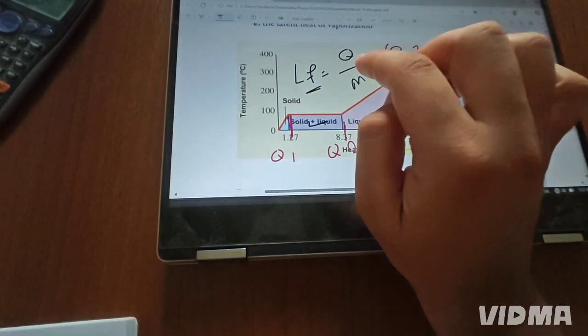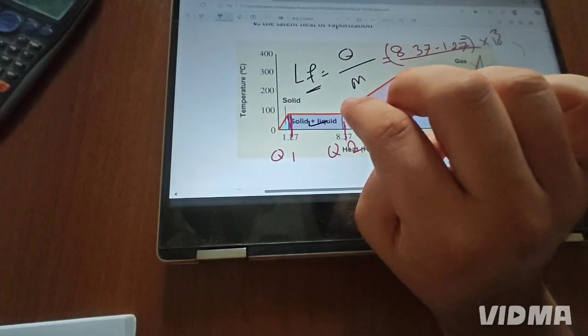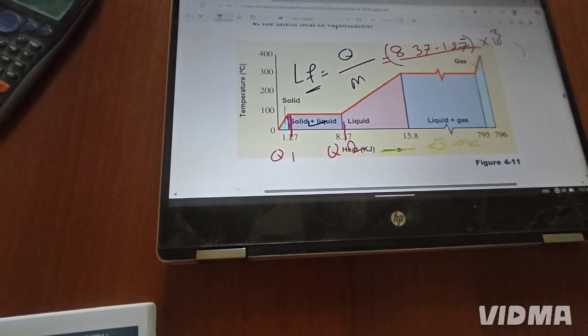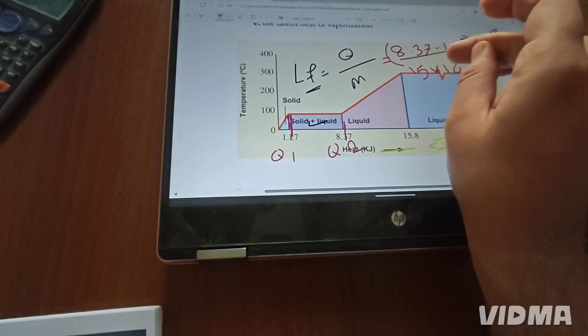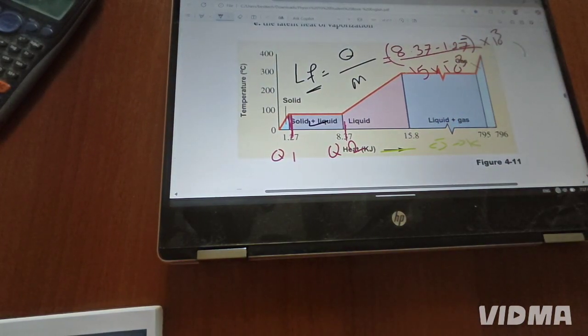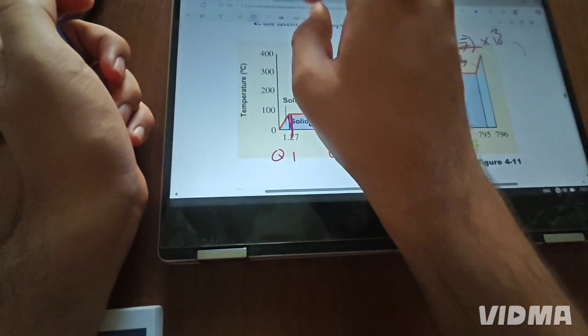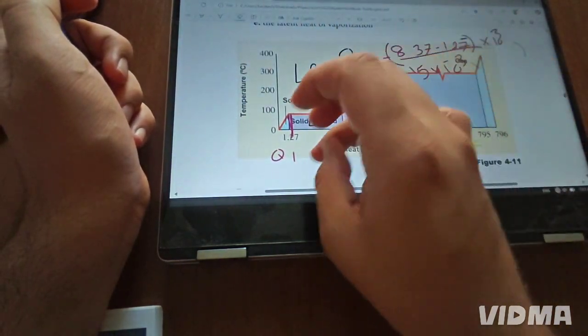What about the bottom? The mass, it is given in the question, it was 15 times 10 power negative 3. And this is the answer of part B.